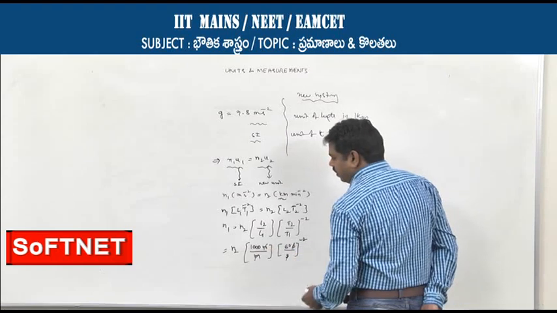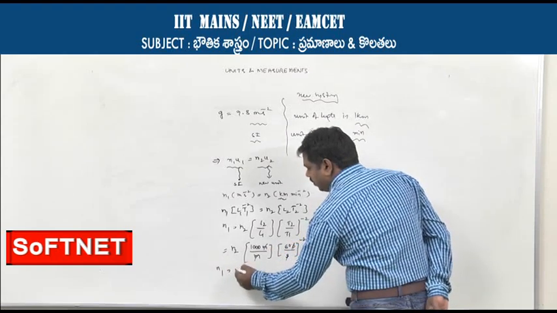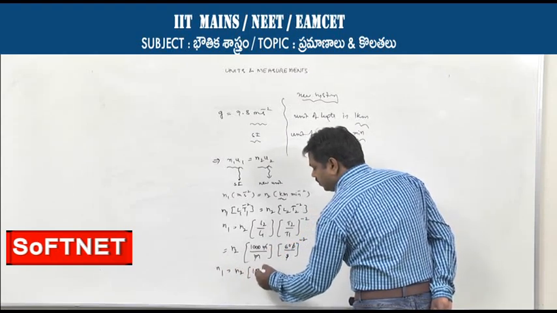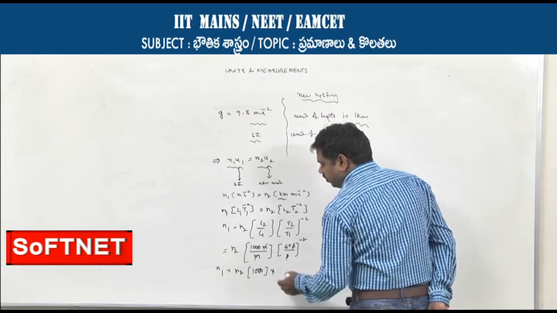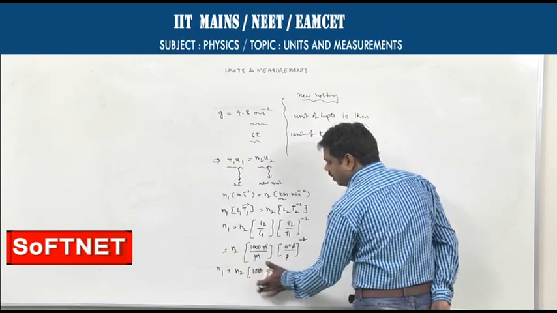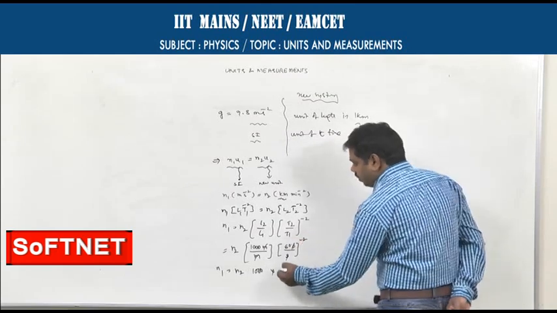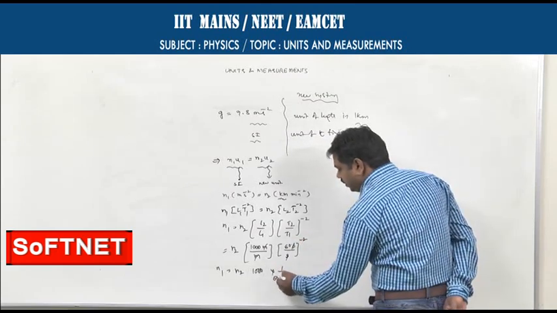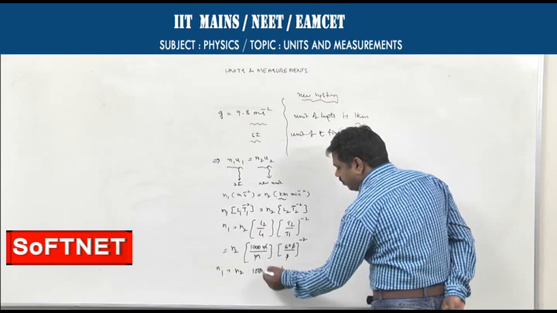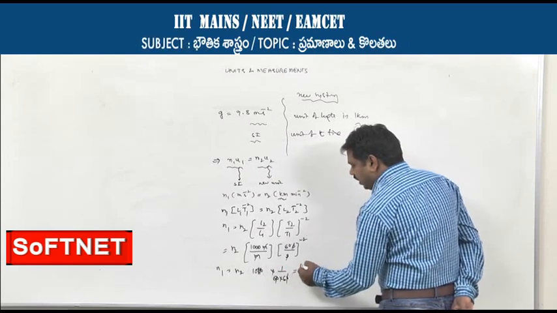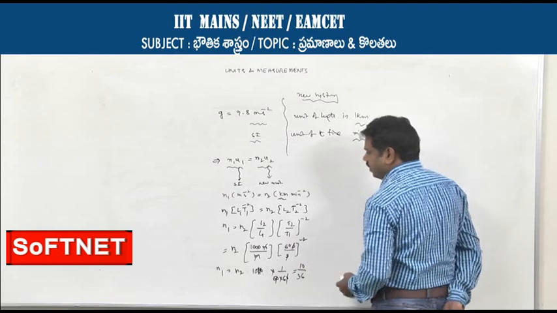And N1 is equal to N2 into 1000 into 60 power minus 2, that is 1 by 60 into 60, the zeros get cancelled, then you get 10 by 36.